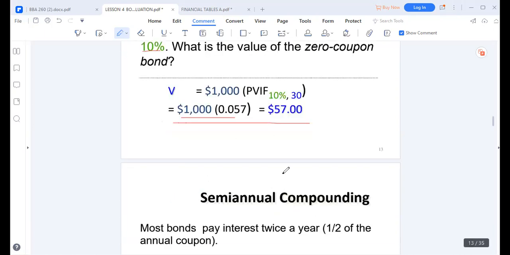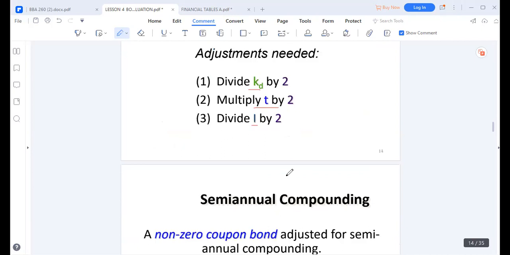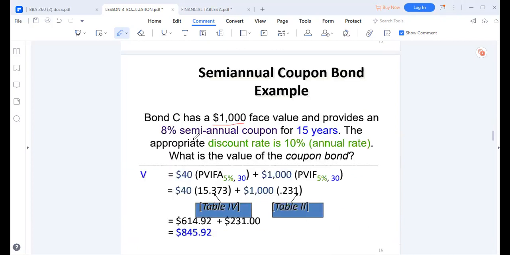Semi-annual, I already explained, we simply divide our interest by 2 and multiply the time by 2. So if we're given bond C, which is 1,000, and it's semi-annual for 15 years, and the market rate is 10%, this 15 becomes 30 years.